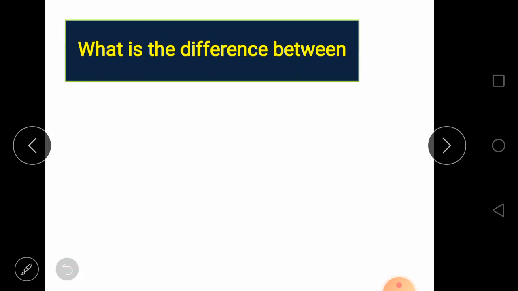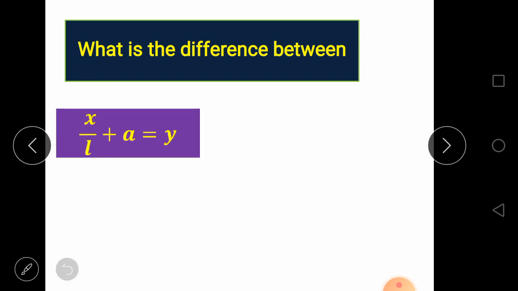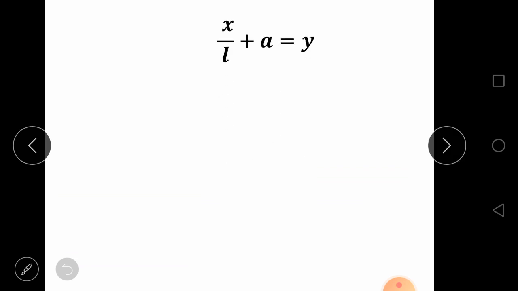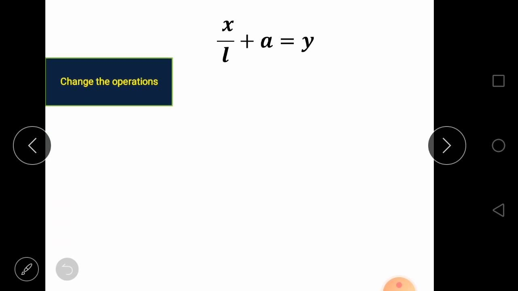What's next? Here we have to know the difference between x over L plus a equals y, and x plus a both over L equals y. Here we go. First, the first equation is x over L plus a equals y. So here we change the operation.